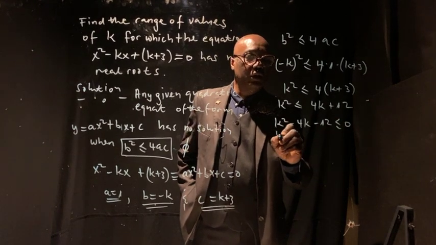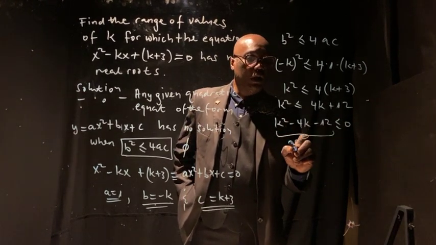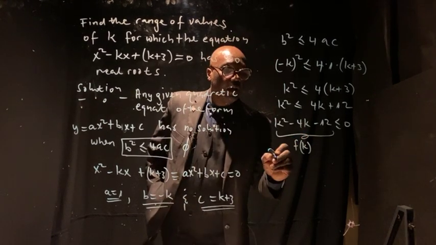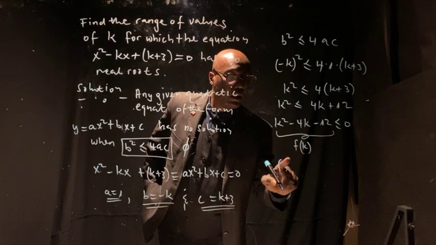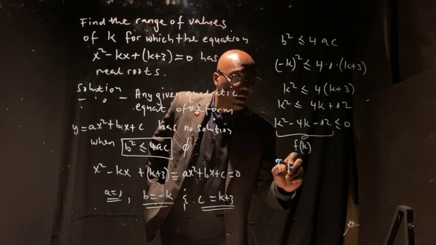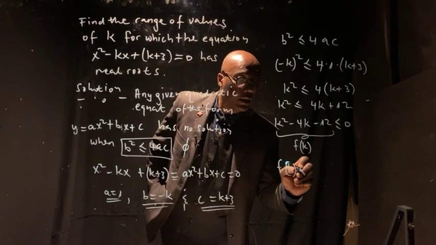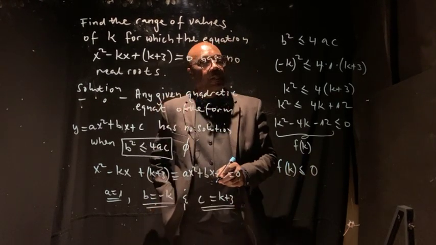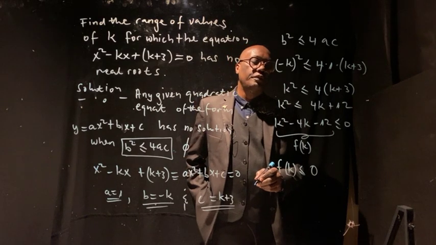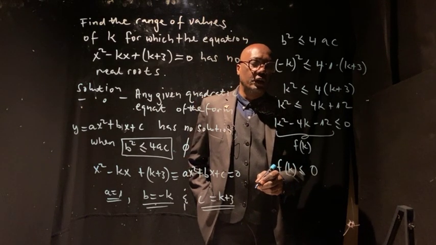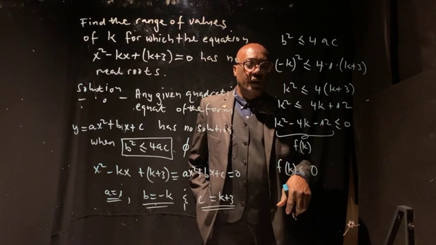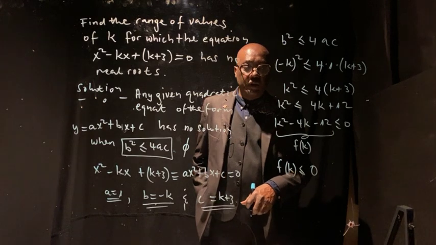This one becomes f of k, and we observe that f of k is less than or equal to 0, which implies the values of k that we are after will be those values below the k axis. Those are the values that we are going to consider.